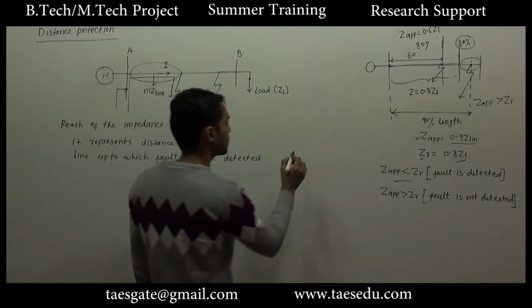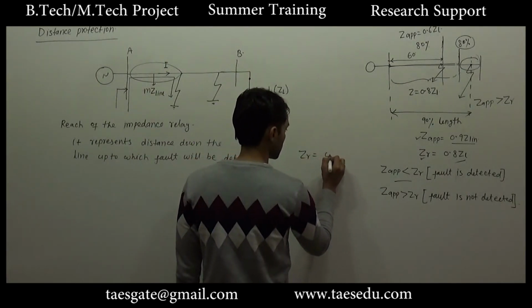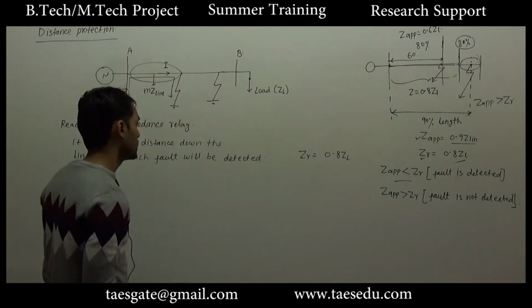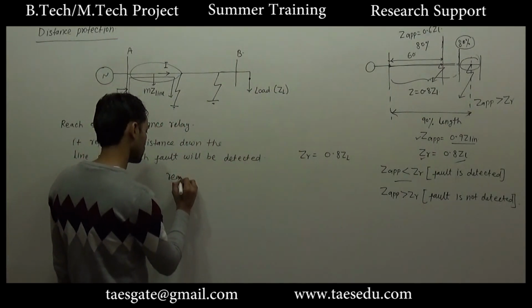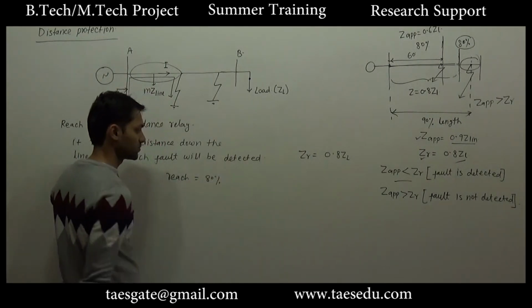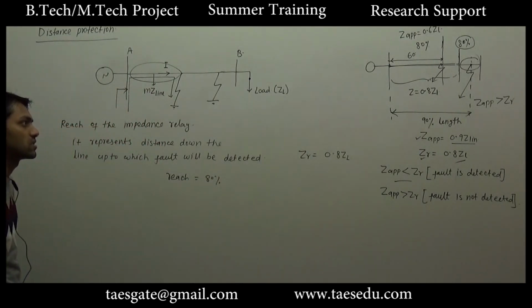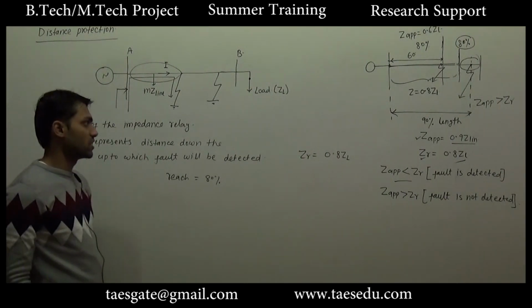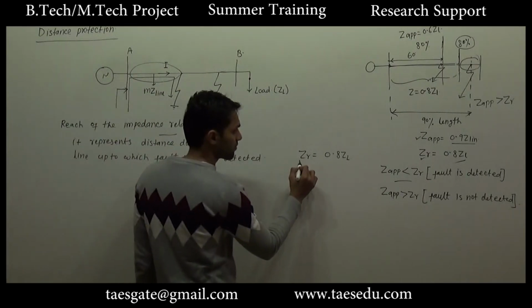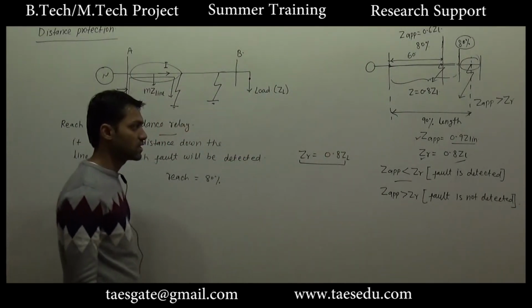Suppose for this line, ZR is set at 0.8 ZL, so the reach of the impedance relay will be 80% only. Up to 80% from the source, if a fault occurs, that fault will be detected. Beyond 80% length of the line, a fault cannot be detected using an impedance relay having reference impedance equal to 0.8 ZL.